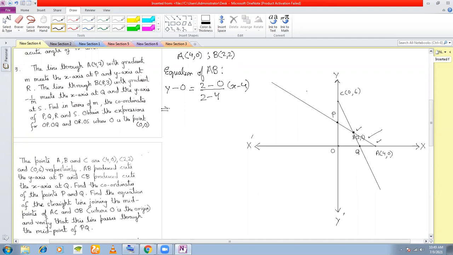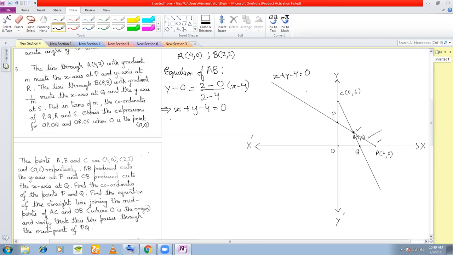Okay, you simplify this, you will get x plus y minus 4 is equal to 0. This is the equation of AB. Okay, now you see this equation here, AB, let me write it here. Equation of AB here is x plus y minus 4 equal to 0. Now P is the point of intersection of the y-axis and this line. That means how will you get the coordinates of P?